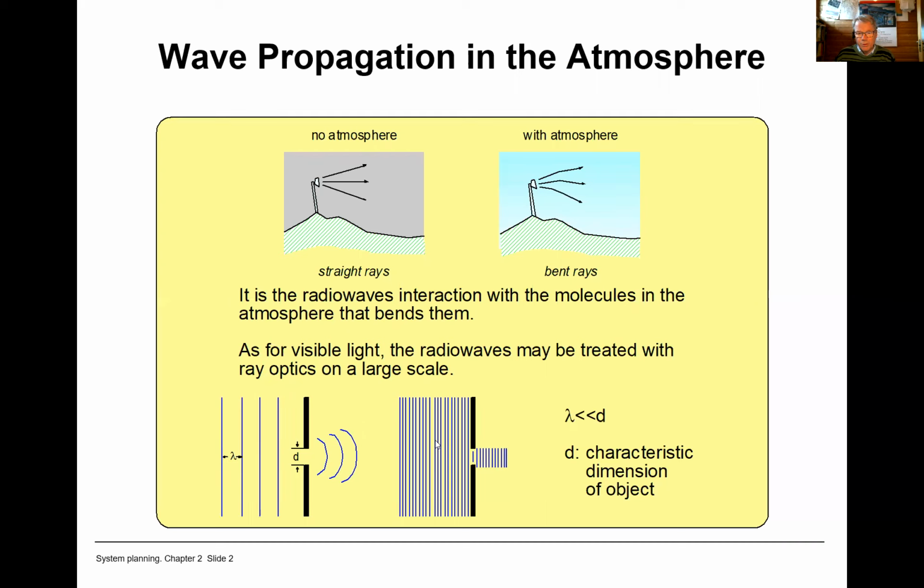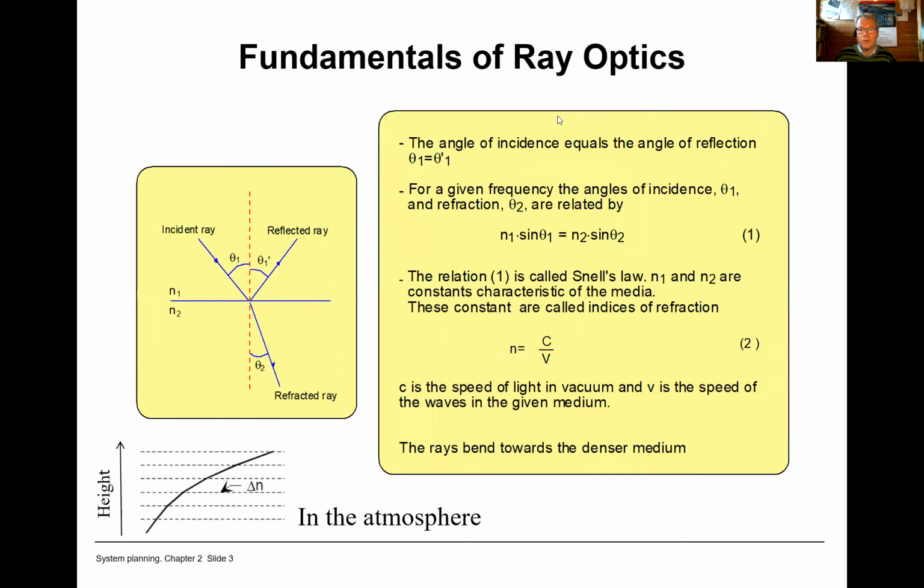So it depends on the wavelength. As long as the wavelength is very short, corresponding to the characteristic dimension of the object, you get ray optics. And we have some fundamental laws of ray optics.